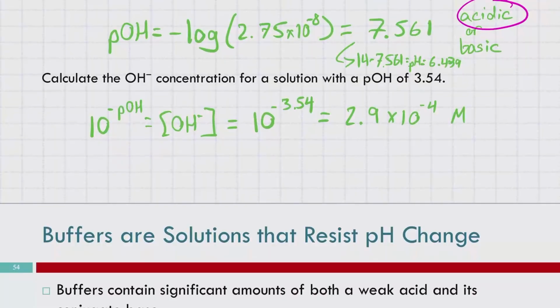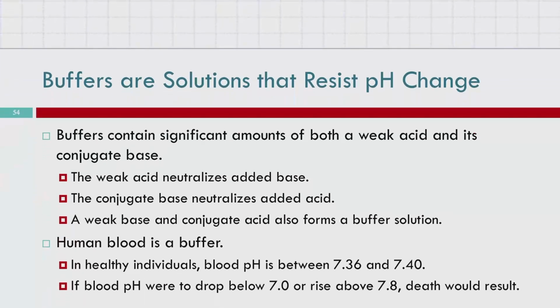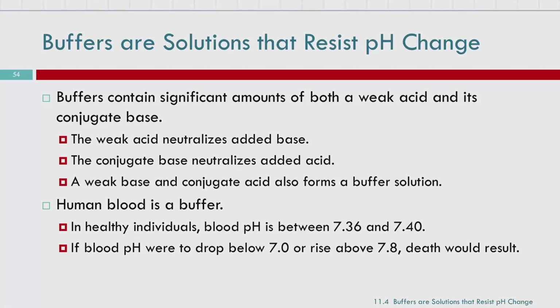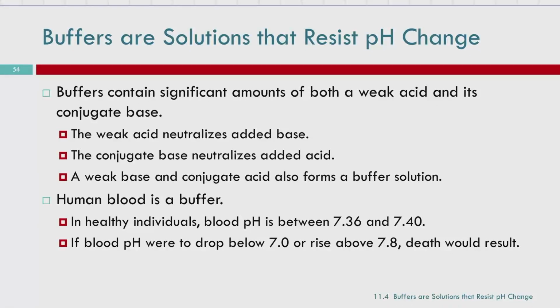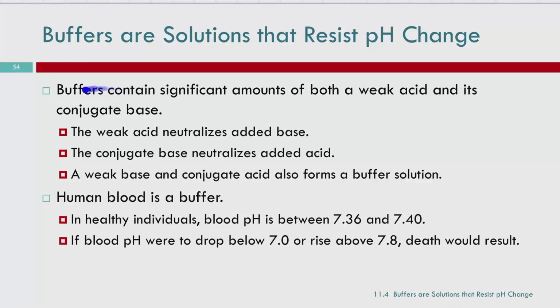And we've got a couple more slides that I want to talk about very quickly, but not too quickly. Buffers. I'm just going to mention buffers. I don't think it'll show up on the final, probably, if I'm feeling nice. I'm feeling nice. Buffers. What's special about buffers? Buffers contain significant amounts, comparable amounts of a weak acid or weak base and its conjugate.